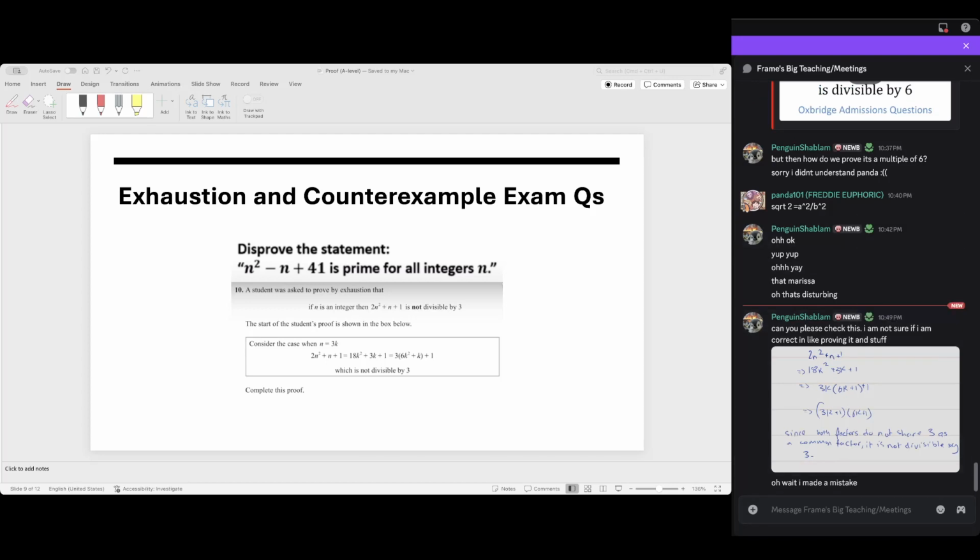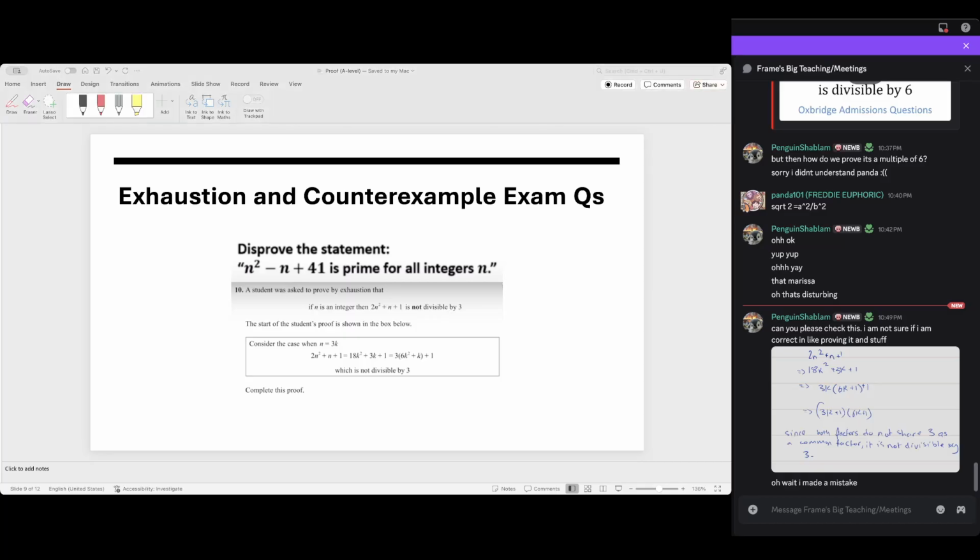I'm not sure if I'm correct. Let's see, k plus 1 plus 3, 6, 96 here, which is not divisible by 3. And what about the 3k plus 1 case?